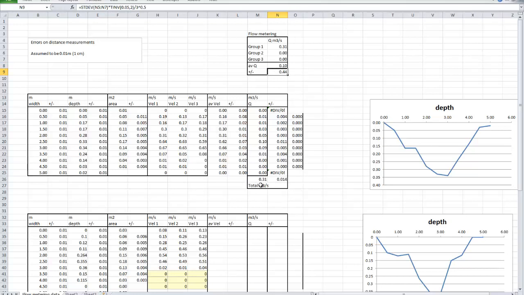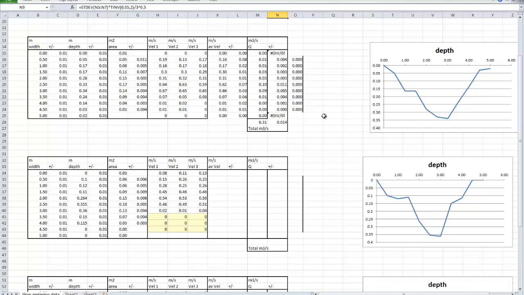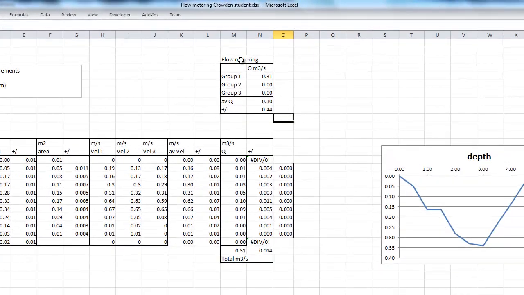So you'll have worked out a discharge and the error from within the method, and then here you're comparing the three different discharges and working out the standard error between those three measurements. Then you can compare that flow metering discharge calculation to the same three sets of dilution gauging that you did.